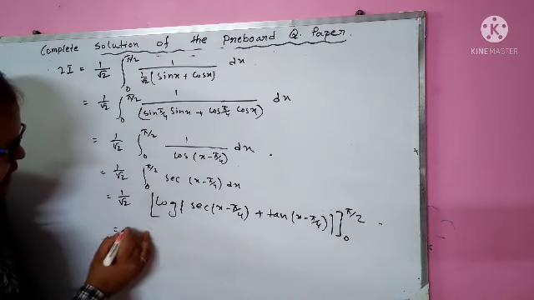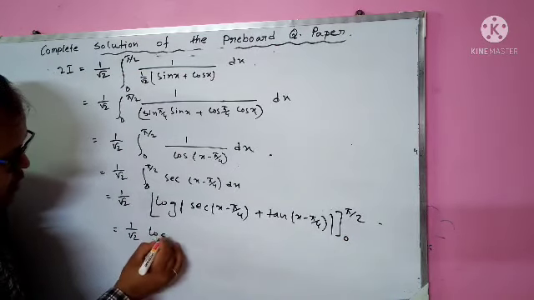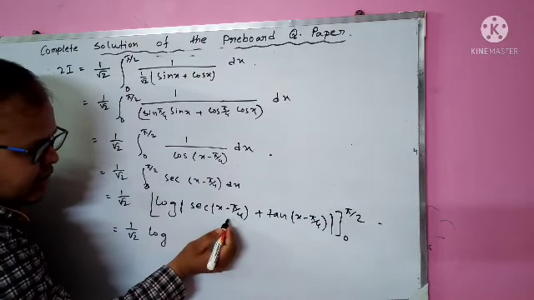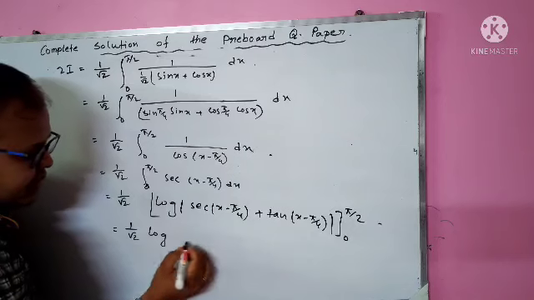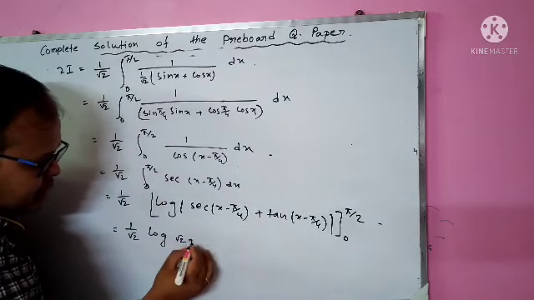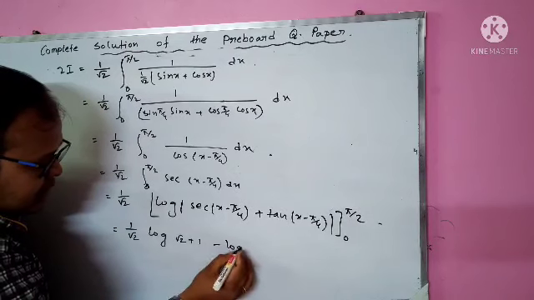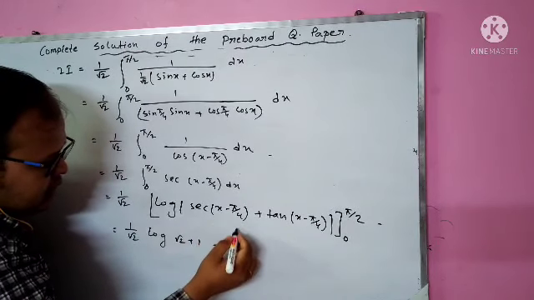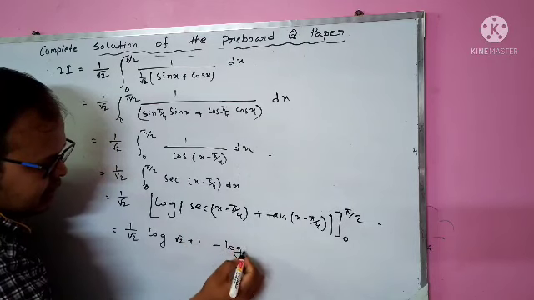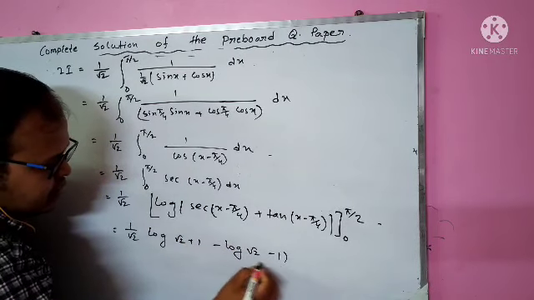Now just put the limits here. 1 by root 2 log of sec of pi by 2 minus pi by 4. Pi by 2 minus pi by 4 is pi by 4 only. The value of sec pi by 4 is root 2, and tan pi by 4 is 1. So root 2 plus 1, minus log of the value at 0. Sec is an even function, so the minus will go out, so root 2 minus 1.